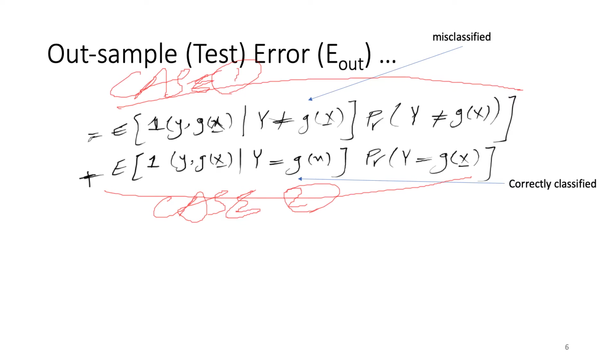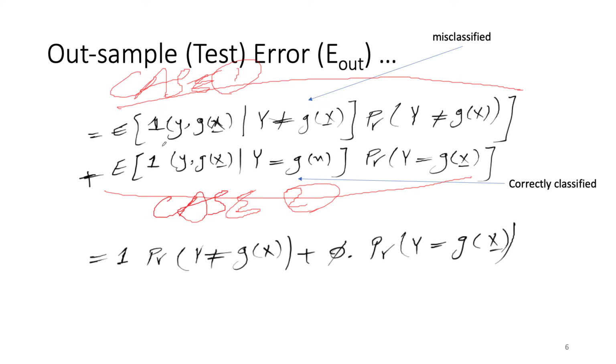For the first case, the expected value of the identity of y and g(x), given that y wasn't equal to g(x), represents a misclassified case. And then we add the other case, that these were equal, so that was correctly classified. If you expand the second case, when you have a correctly classified case, this expected value would be 0, obviously.